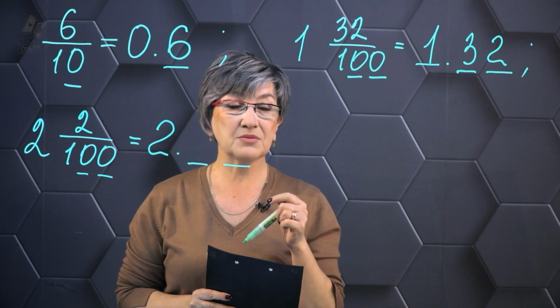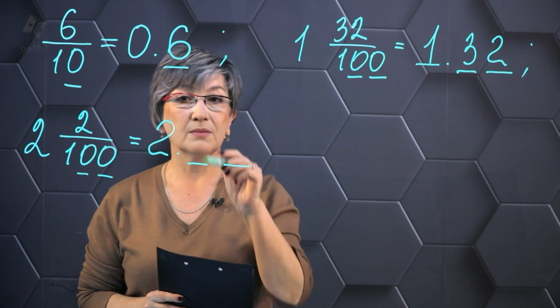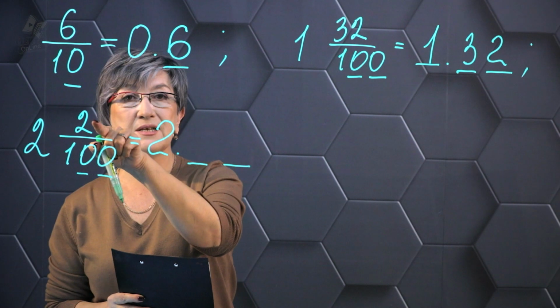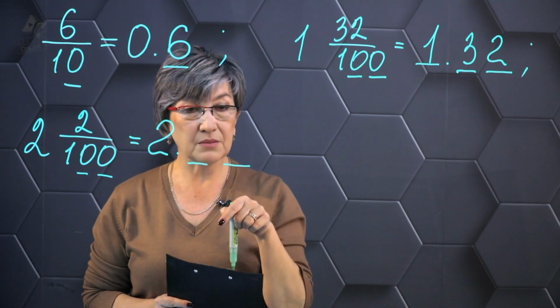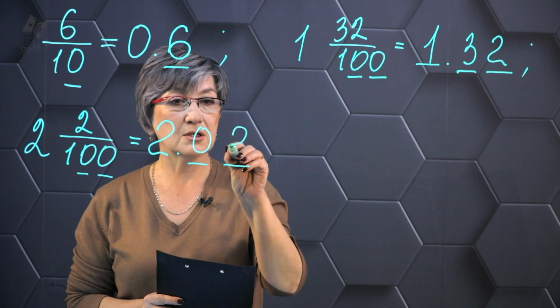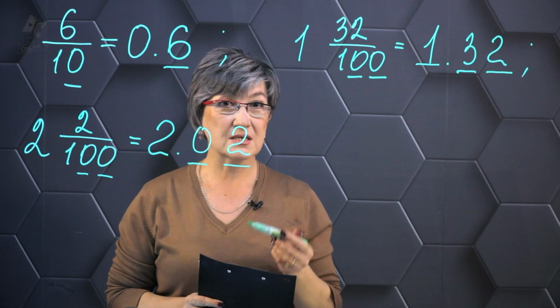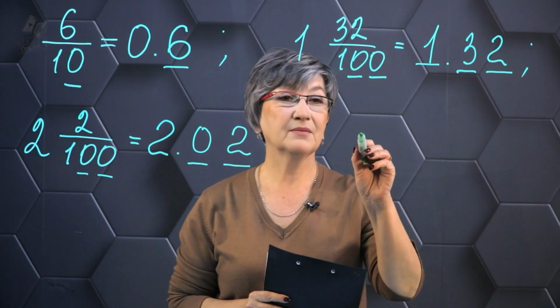So how am I supposed to write down this decimal fraction? If I'm missing a digit in the numerator, I write 0 first. And then I write our numerator. That makes 2.02, 2 whole 2 hundredths.